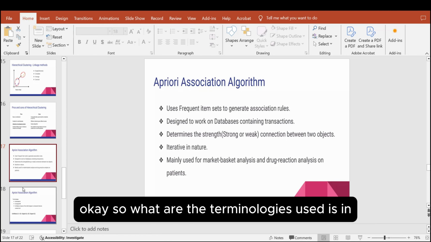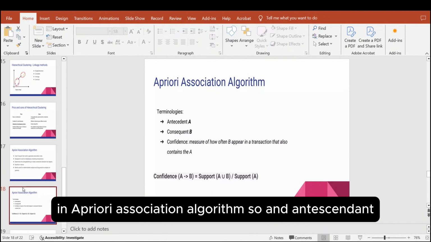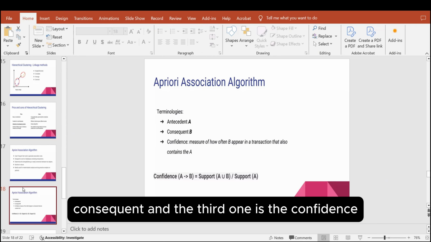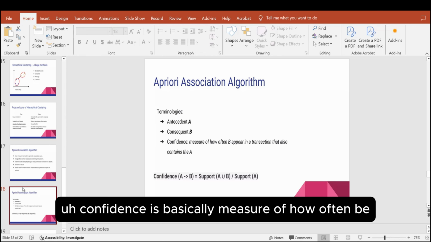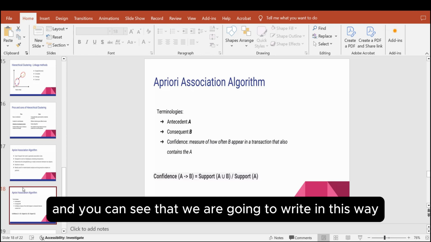Okay, so what are the terminologies in the Apriori association algorithm? Antecedent, the second one is consequent, and the third one is confidence. Confidence is basically a measure of how often B appears in the transactions that also contain A, and we are going to write it in this way.